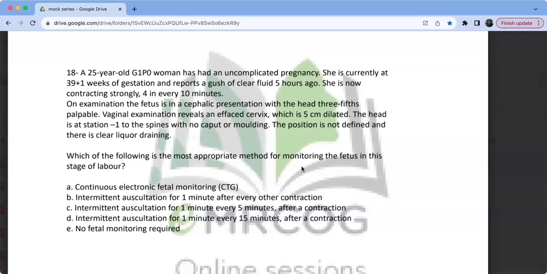On examination, fetus in the cephalic presentation with a head 3/5 palpable. Vaginal examination revealed effaced cervix, which is 5 cm dilated. Head is at station -1 to the spine with no caput or molding. The position is not defined and there is clear liquor draining. Which of the following is the most appropriate method of monitoring the fetus at this stage of labor?